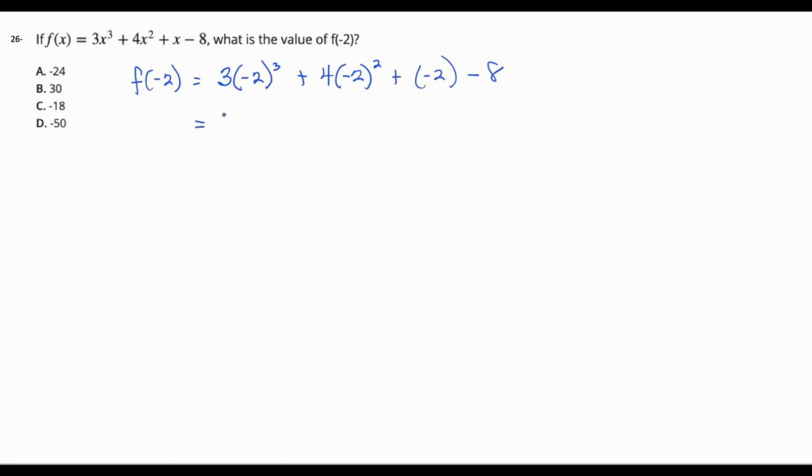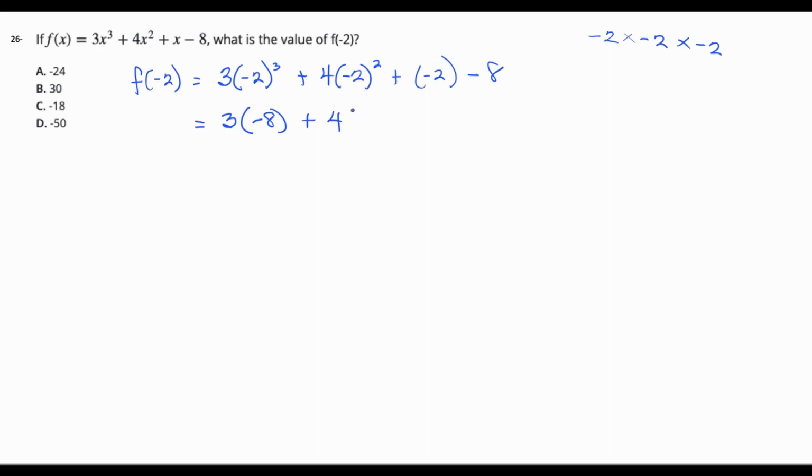So 3 times (minus 2) cubed: that's minus 2 times minus 2 times minus 2. So minus 2 times minus 2 is equal to 4, and 4 times minus 2 brings back the minus, which is minus 8.